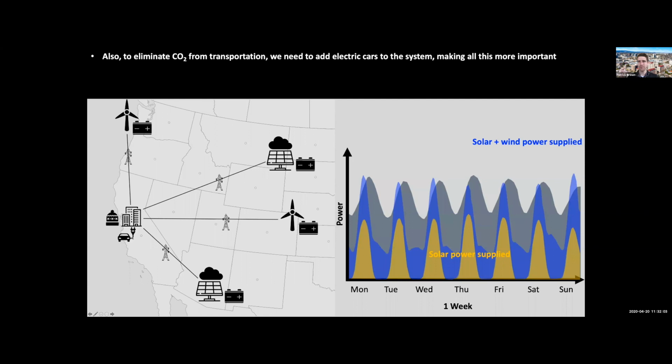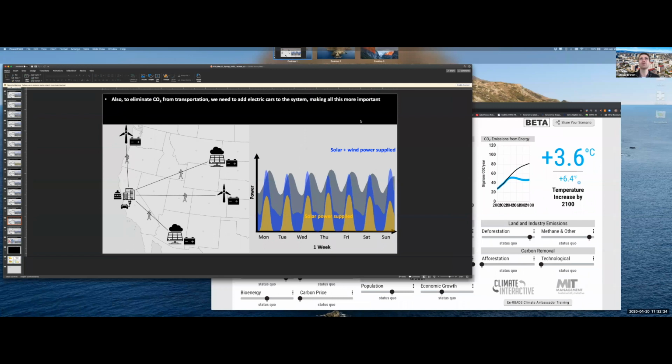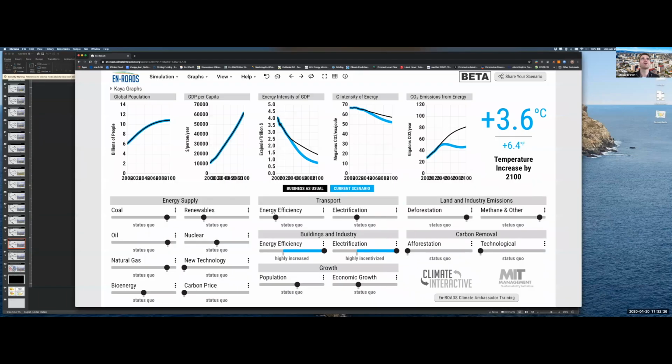So if we want to eliminate CO2 from oil consumption, then we have to switch our cars from being internal combustion engine cars, from gasoline burning cars, into electric cars like Teslas. And we see that, of course, in En-ROADS as well.